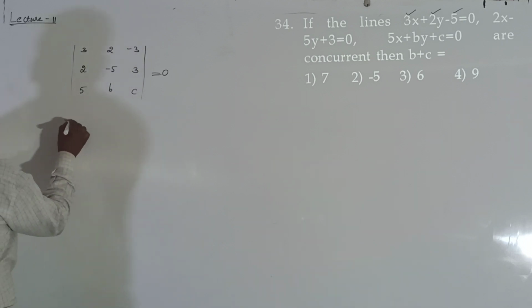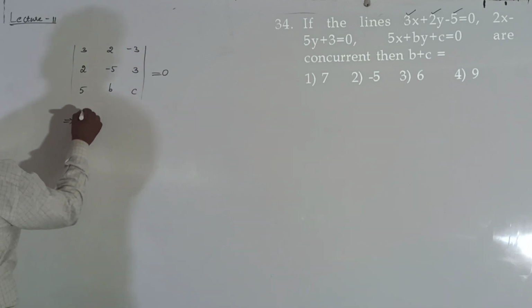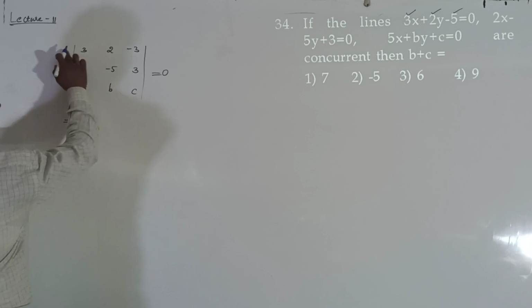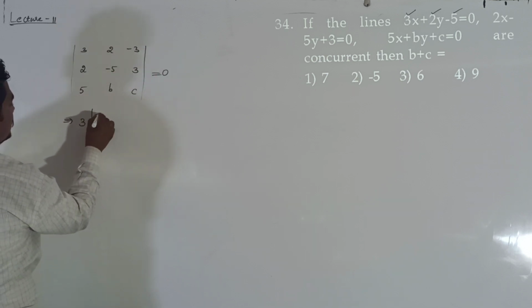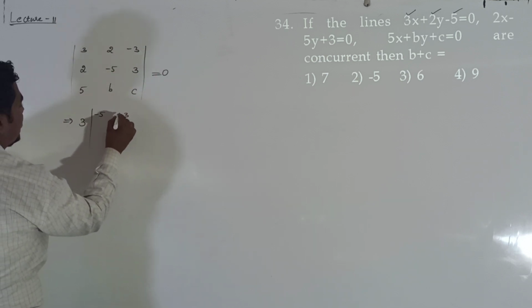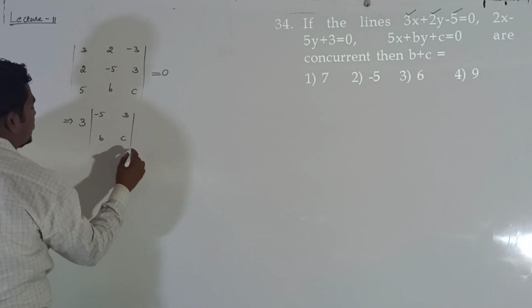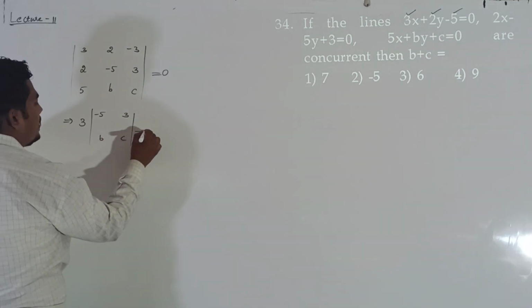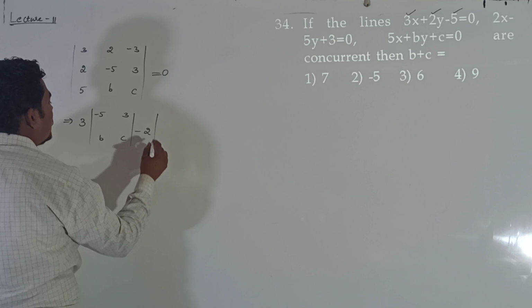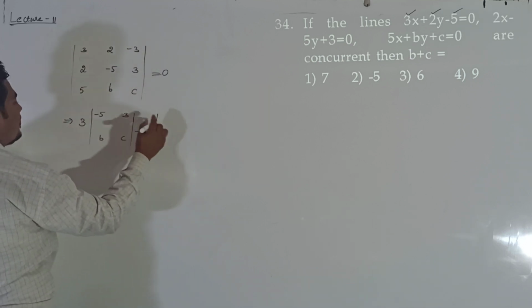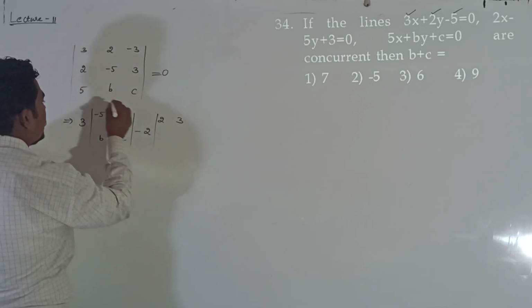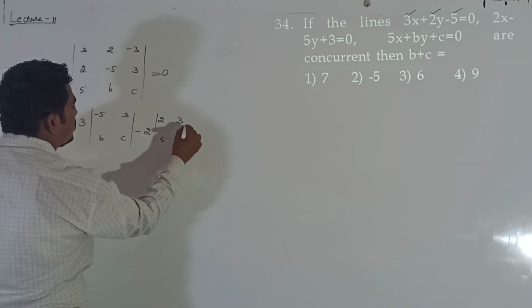Expanding: 3 into the determinant obtained by deleting first row and first column, that is minus 5, 3, b, c. Negative sign for the second element, 2, deleting first row and second column, then 2, 3, 5, c.